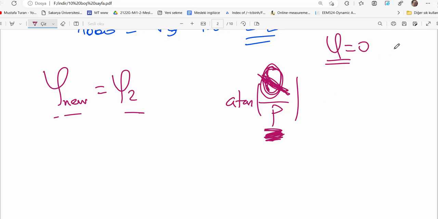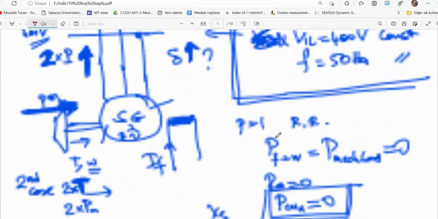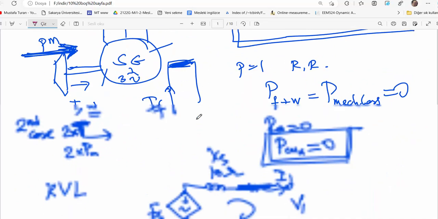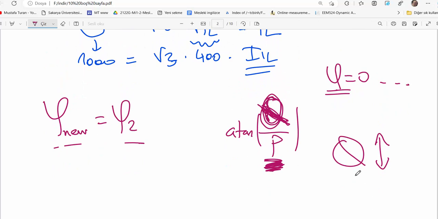It was operated as pure ohmic, but after increasing torque, the machine goes under a different operating condition, and possibly there is a reactive power exchange between network and generator. In the second case there's a reactive power exchange, but in the first case there was no reactive power. So you cannot use this equation.